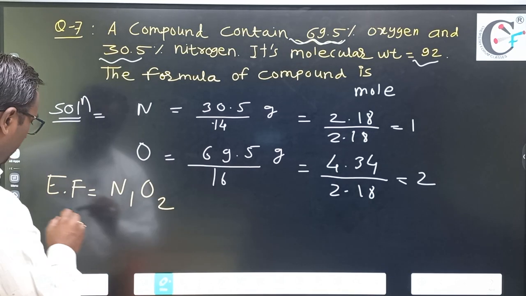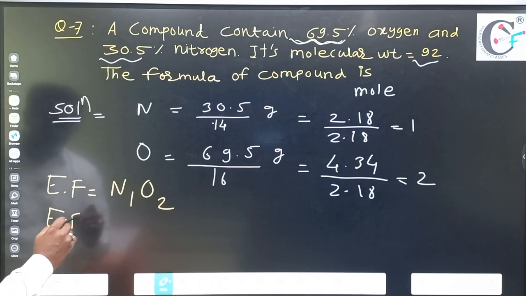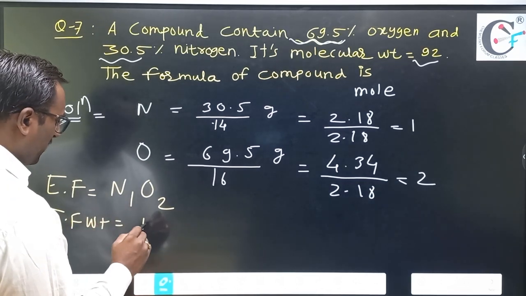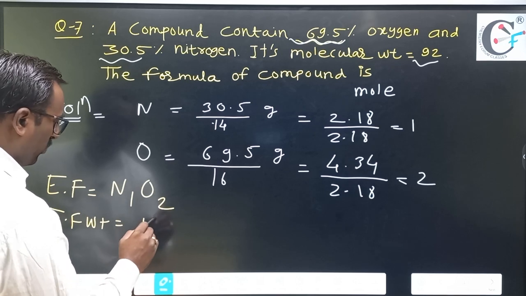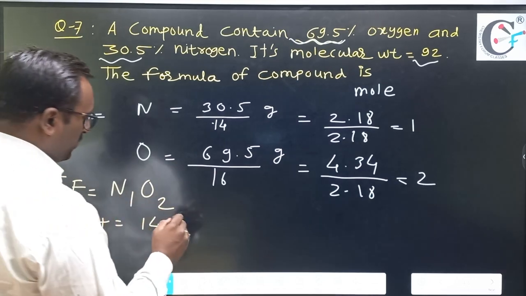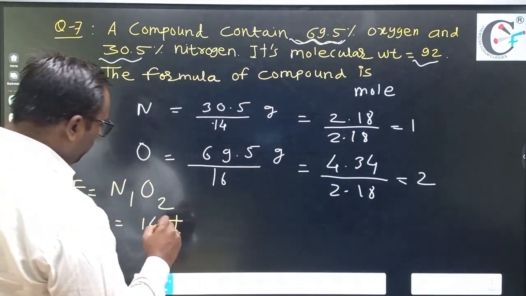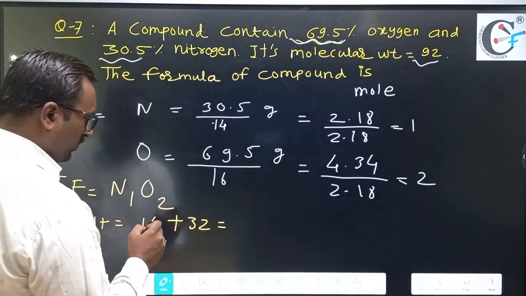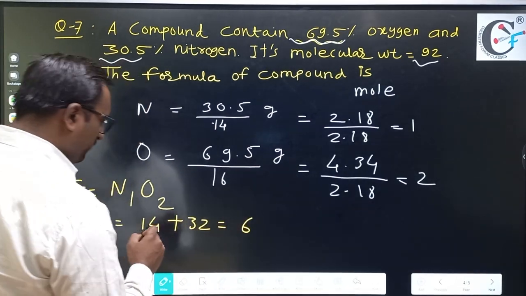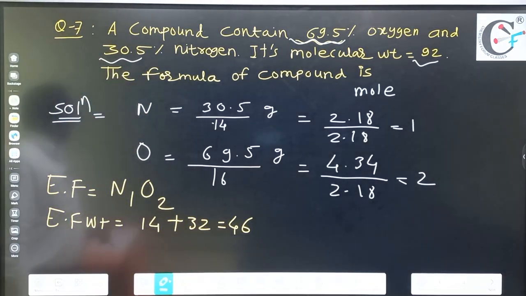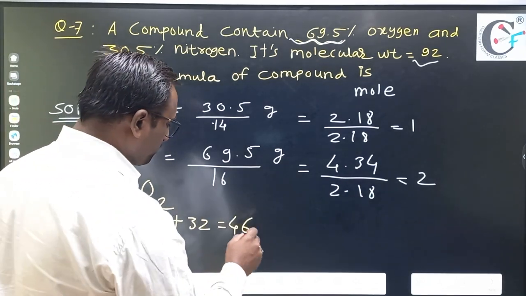Now, calculate the empirical formula weight. How many nitrogen are there? There is 1 nitrogen, therefore we have 14, plus 2 oxygen, therefore we have 16 twos are 32, so it will be equal to 46 gram per mole.